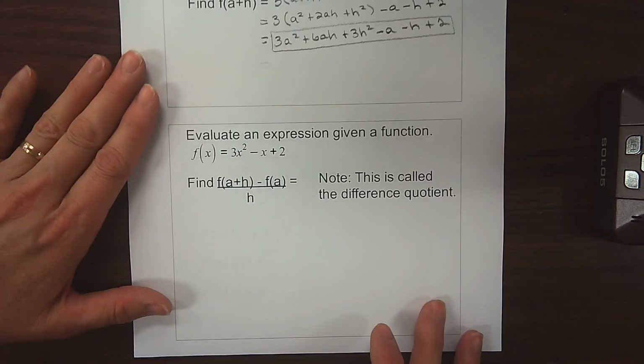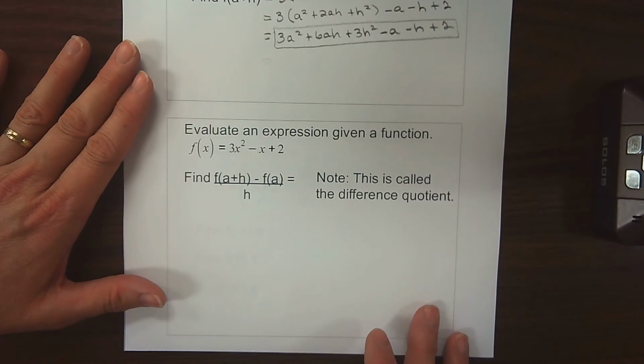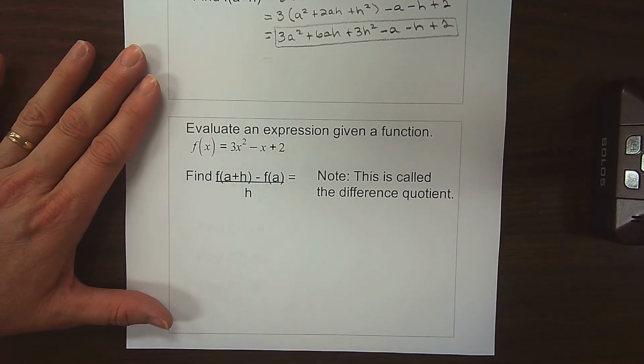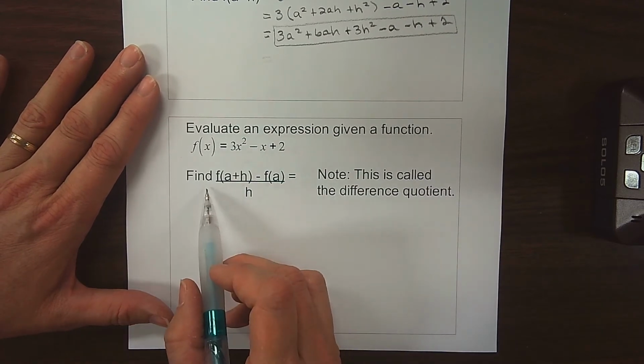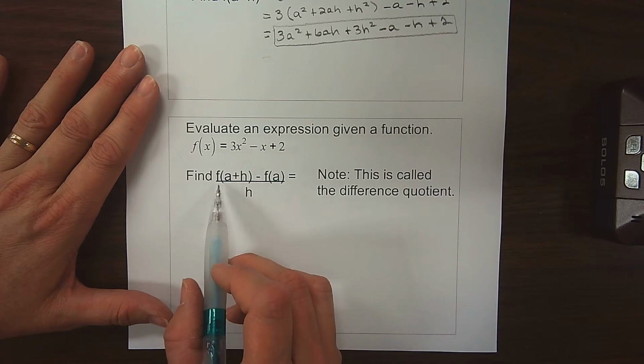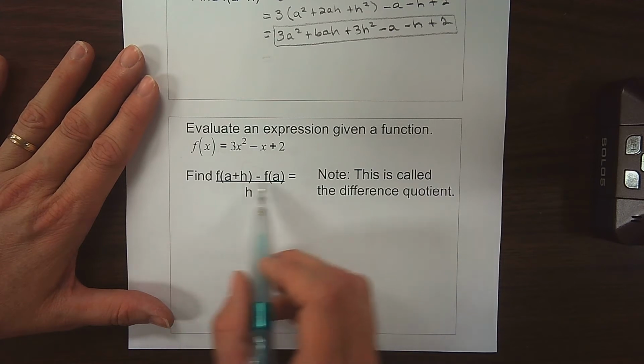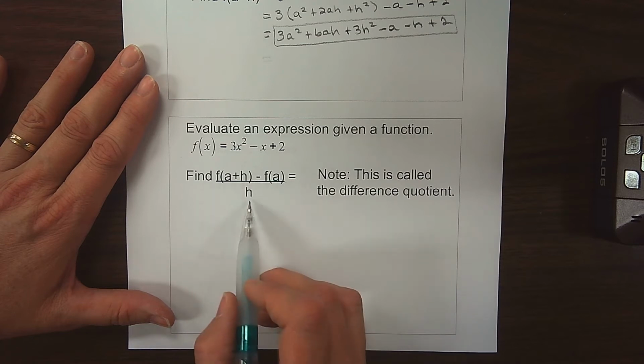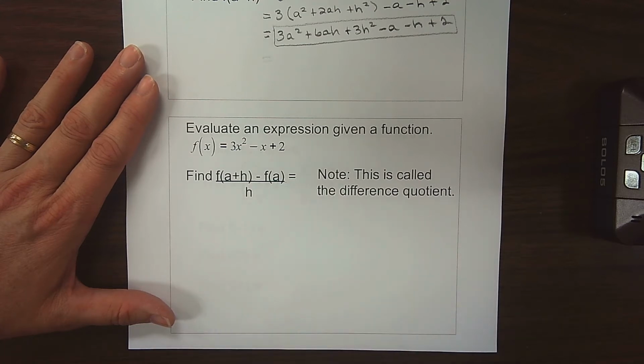Okay, let's take a look now at this piece that I'm calling the difference quotient. They're giving us this function, which is the same function that we were working with just a moment ago, but now they want us to evaluate the function at f of a plus h minus f of a, and take that entire numerator and we're going to divide by h.